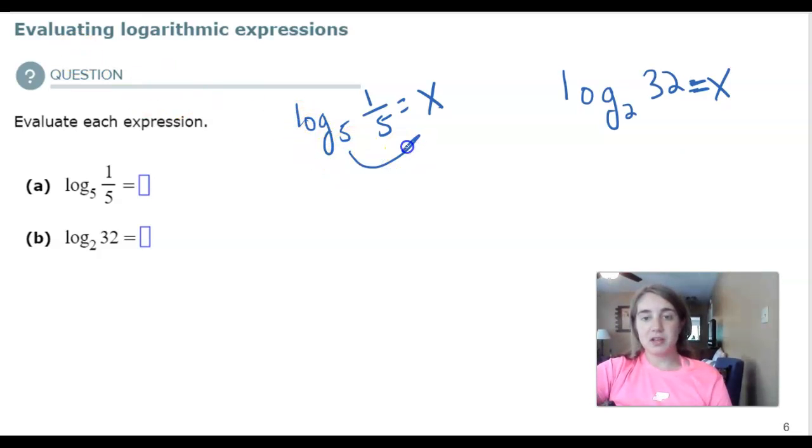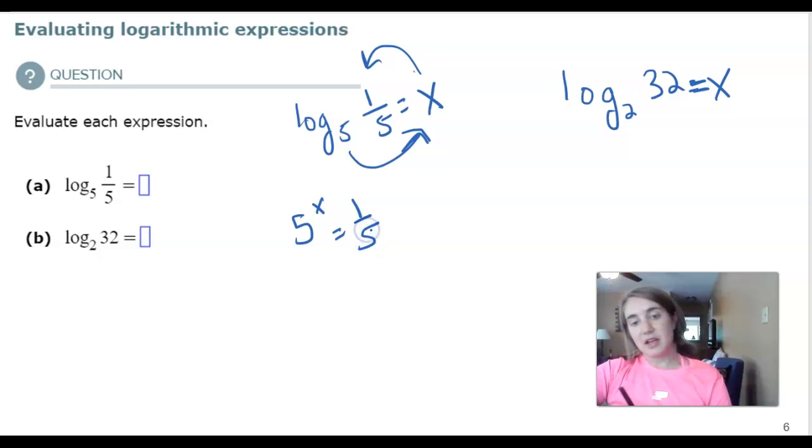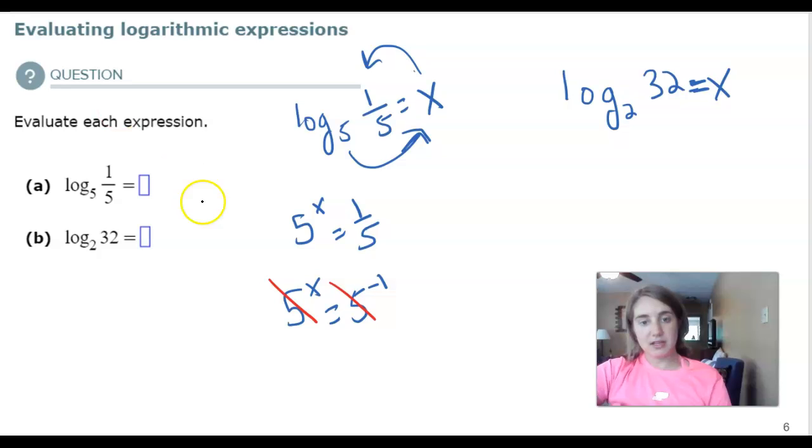I'm going to go ahead and loop it. 5 to what power is 1 over 5? I can think of it that way. And then I can write with the same bases. 1 over 5 is the same as 5 to the negative 1. And then I just know x equals negative 1.